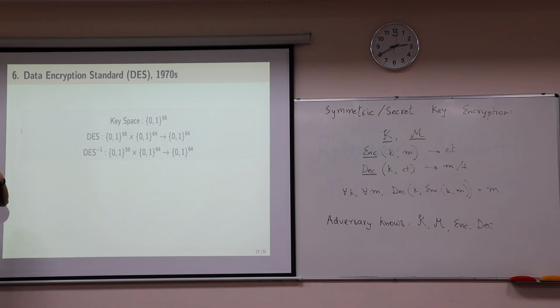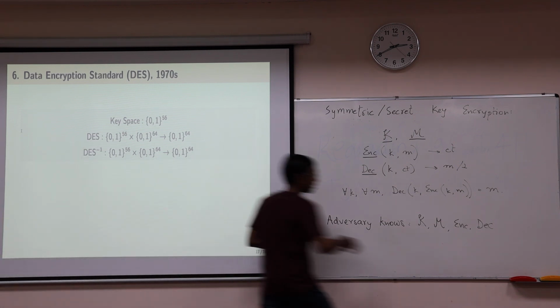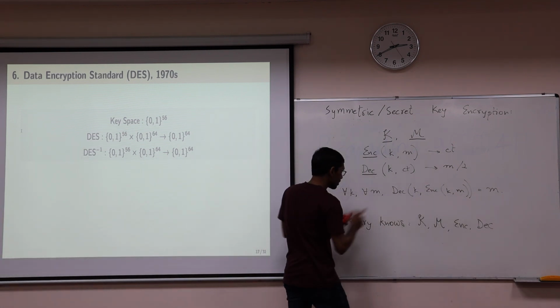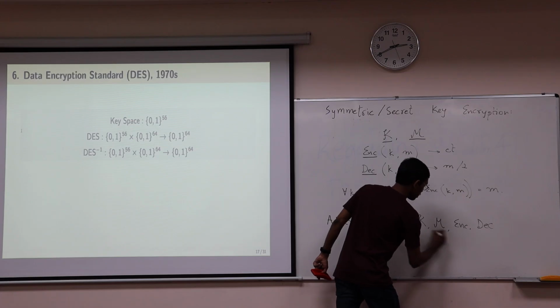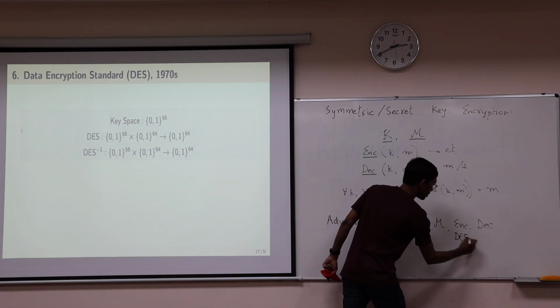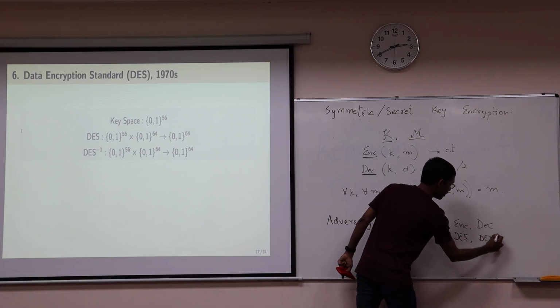Okay. So what guarantees do you think these algorithms had? I mean, what correctness guarantees did they have? What do you expect DES and DES inverse to do? Correctness should hold. So in particular, the adversary in this case knows the algorithms DES and DES inverse.